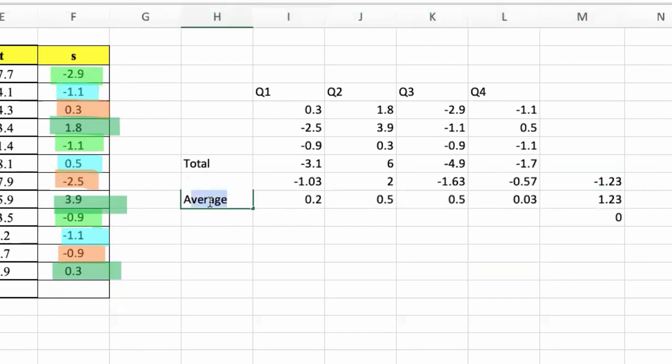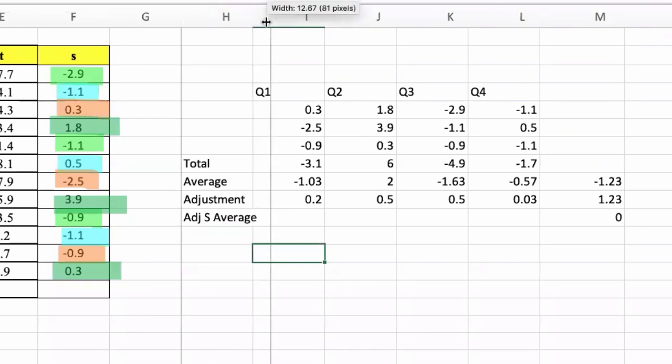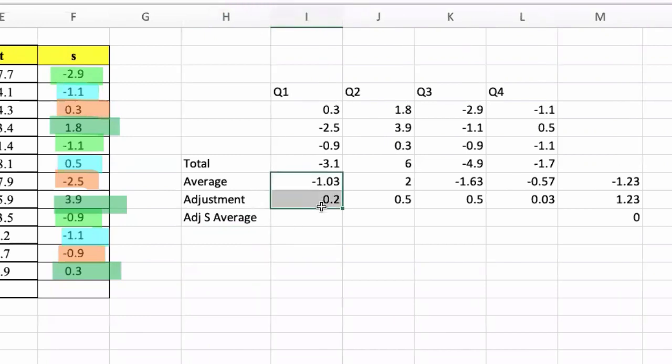And this is called the adjustment, because that's what effectively I'm doing. I'm making a change or an adjustment to the average. And my next heading is called the adjusted seasonal average. In other words, I'm just going to add the average and the adjustment figure together.